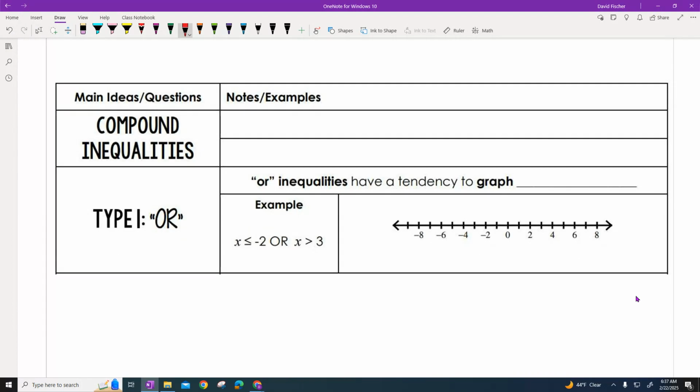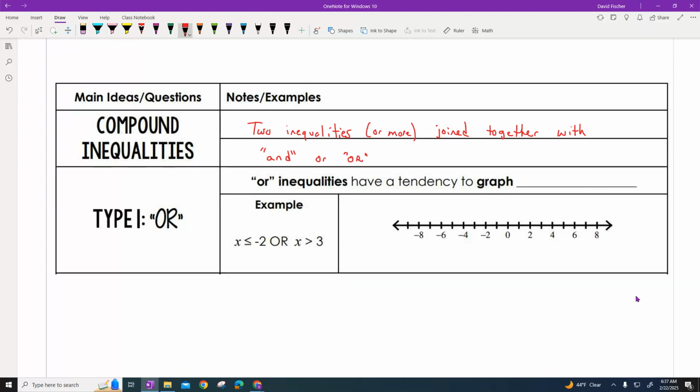Compound inequalities is just like I said. It's two inequalities. It could be more, but in ninth grade we're just going to do two for the most part, joined together with, and now this is the important part, usually an and statement or an or statement.